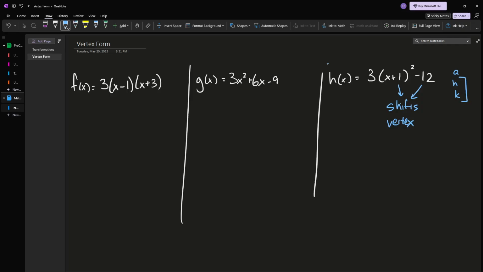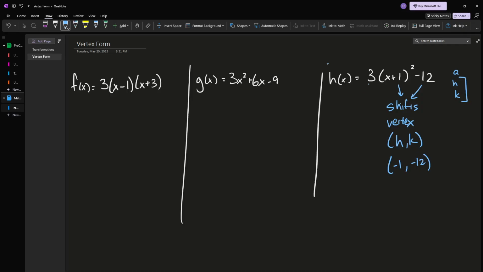So this is telling us I want to shift -1 because h is -1, and I want to shift down to 12 because k is -12. As a result, our vertex is now at (h, k), or in this case, (-1, -12). That is information given to us with this function, which is very important in order to graph what it looks like.